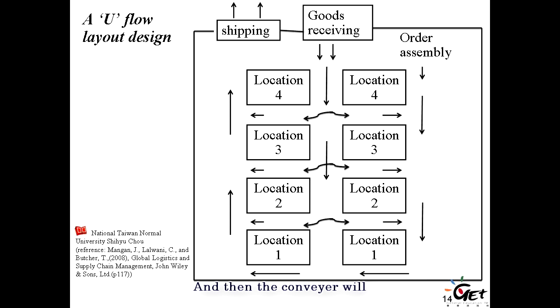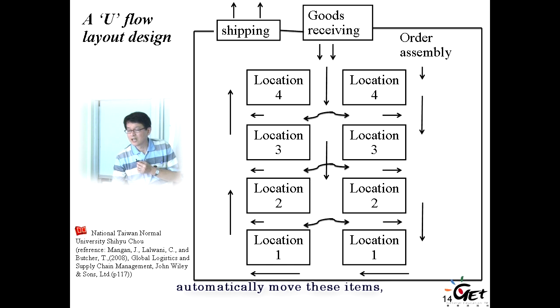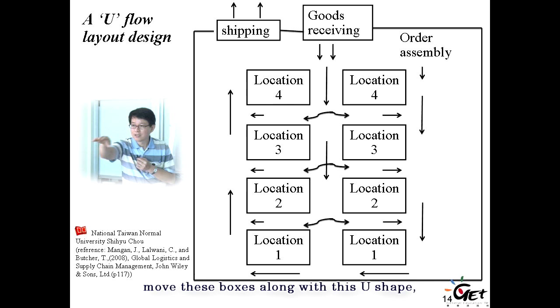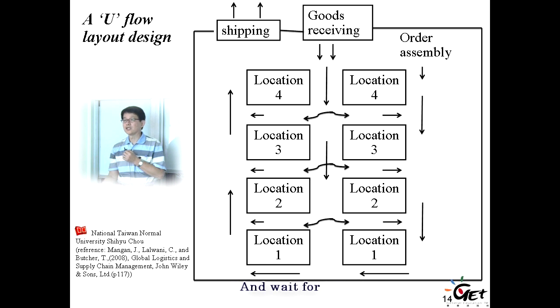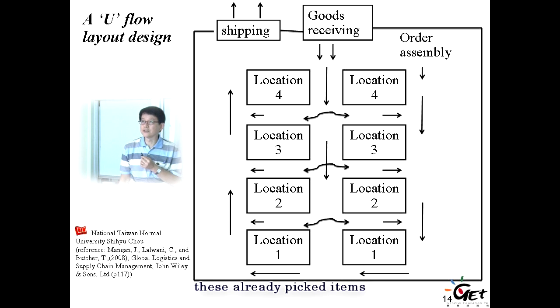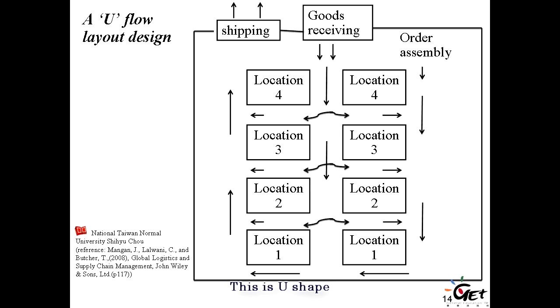And then the conveyor will automatically move these boxes along this U shape, and then finally go to the shipping areas and wait for the trucks to deliver these already picked items. Okay, this is U shape.